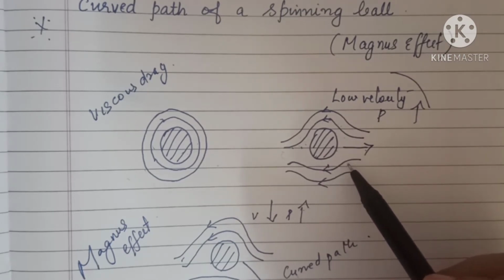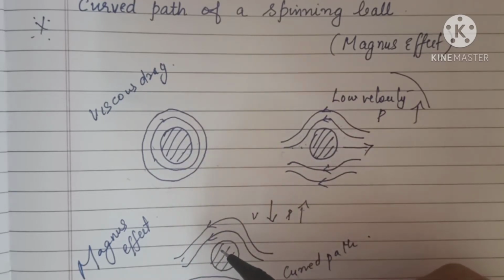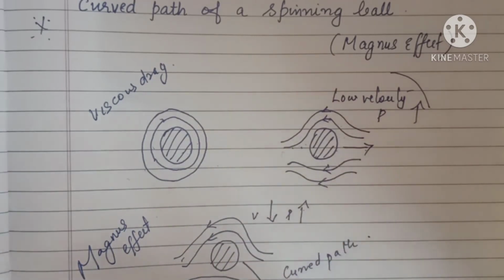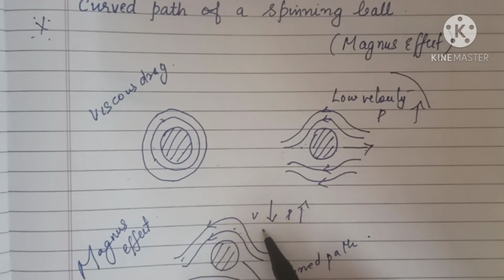The layer above the ball moves in a direction opposite to that of the spinning ball. So what will happen? Here the resultant velocity will decrease, and as a result, the pressure will increase in accordance with Bernoulli's principle. And the layer below the ball moves in the direction of spin. The resultant velocity increases and hence pressure decreases.